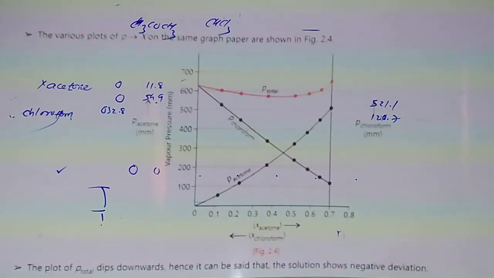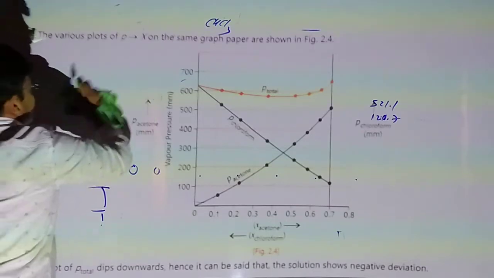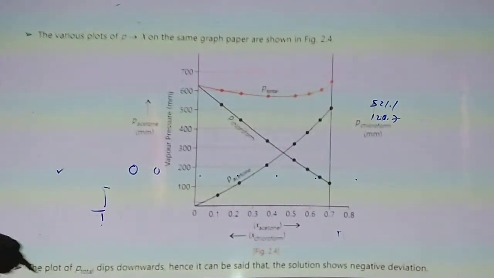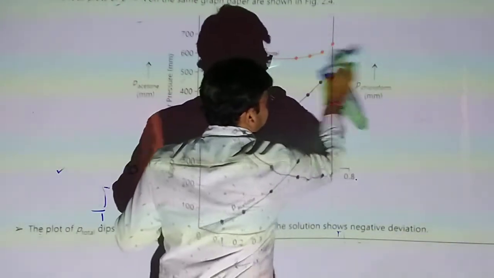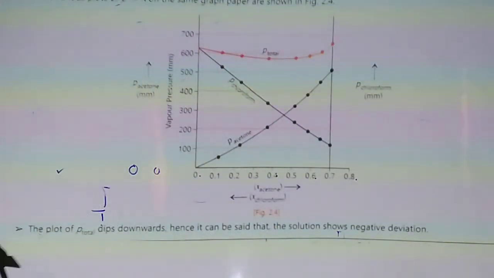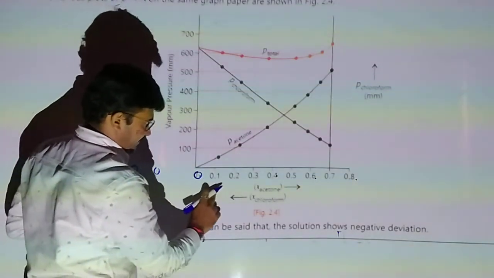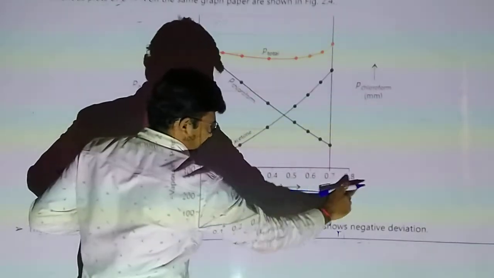Now you can see from the graph the various plots of pressure versus X on the same graph paper, shown in figure 2.4. So you can see what actually happens. We had to draw the graph. The mole fraction of acetone here increases from 0 to 0.8.